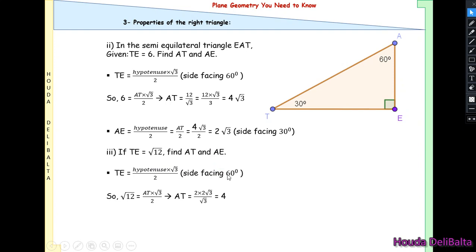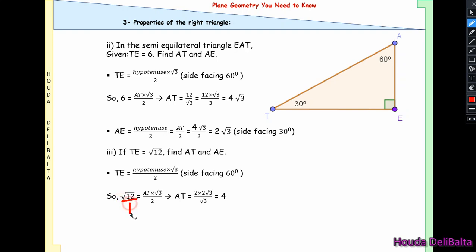TE is the side facing 60, so it's equal to the hypotenuse times radical 3 over 2. Substituting the values, radical 12 equals AT, which is the hypotenuse, the required side, times radical 3 over 2. Radical 12 is 2 radical 3.